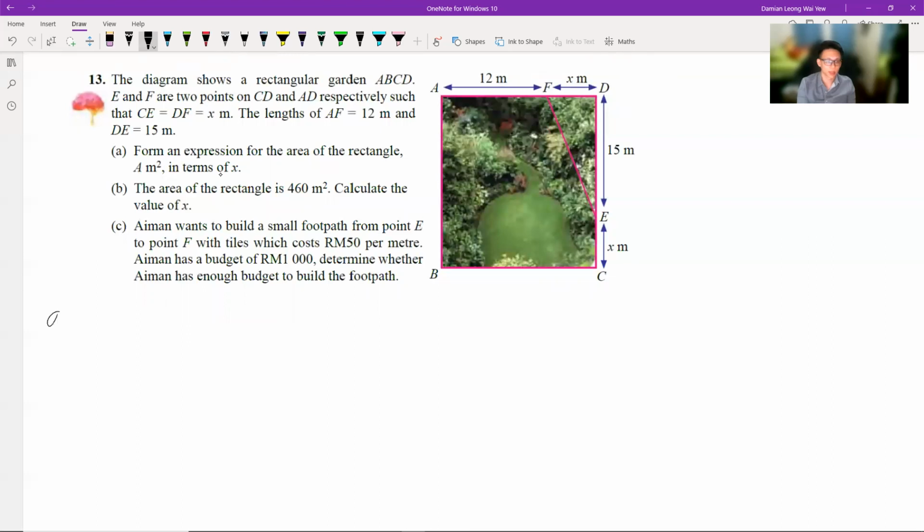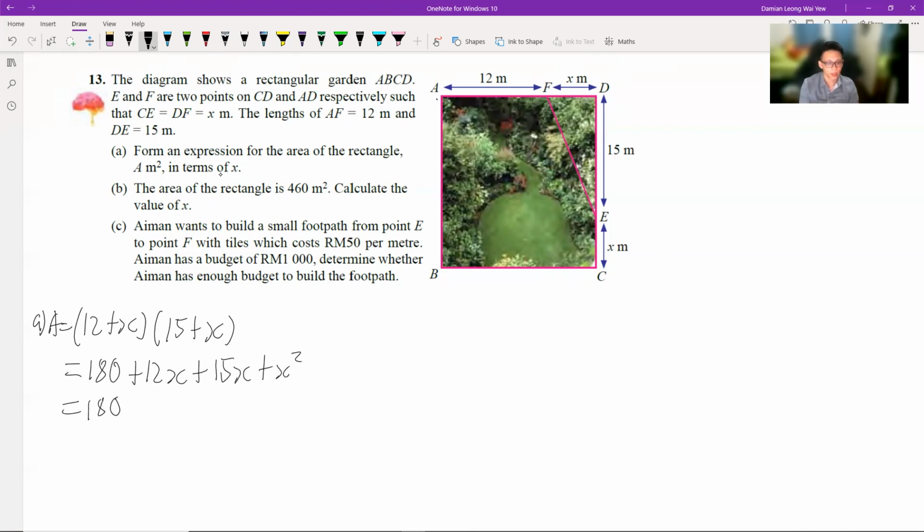So the area of the rectangle will be the top here, 12 plus x, multiplied by this length, 15 plus x. Let's expand it. 12 times 15, I get 180, plus 12x plus 15x plus x squared.